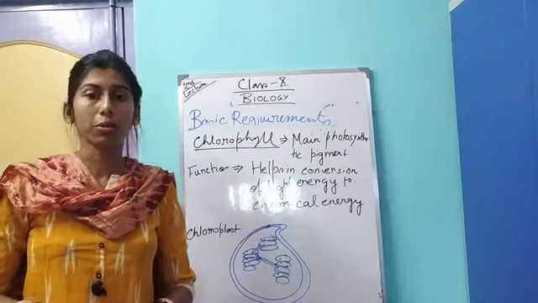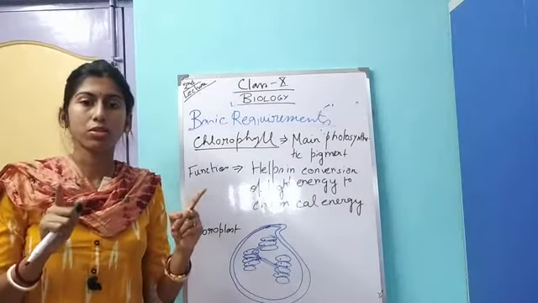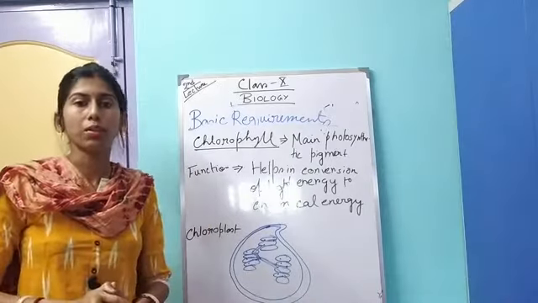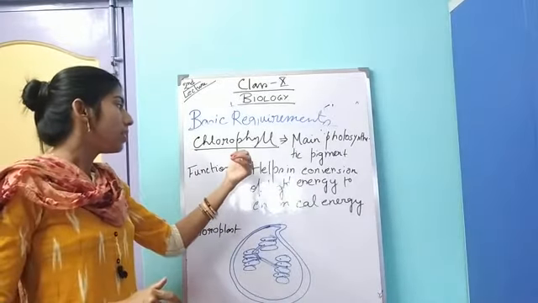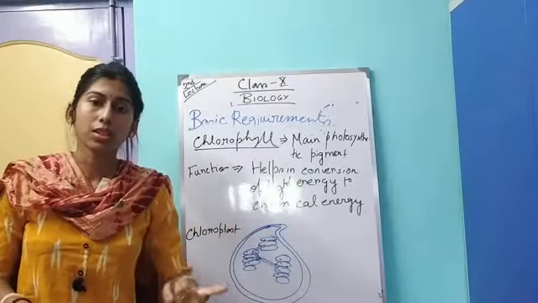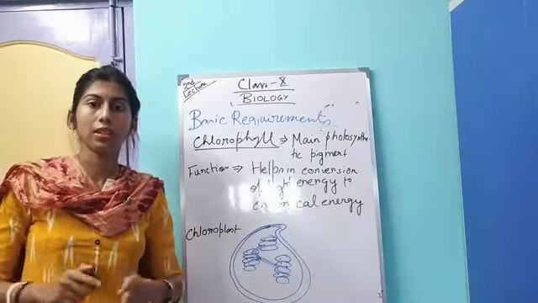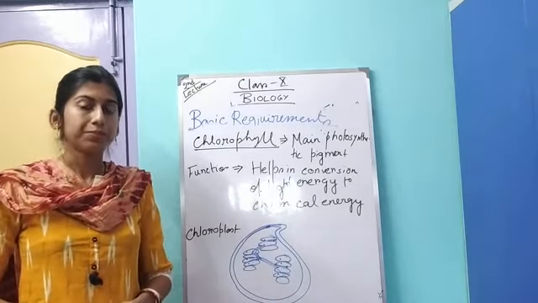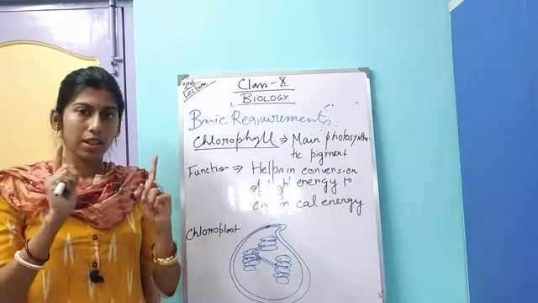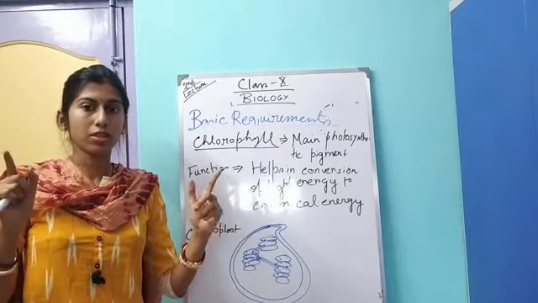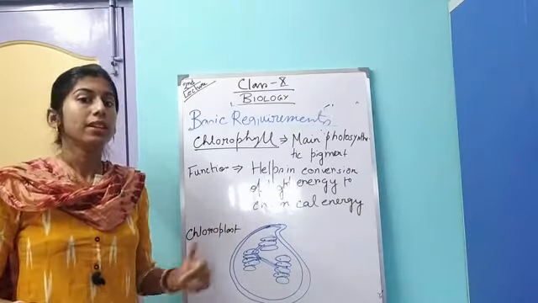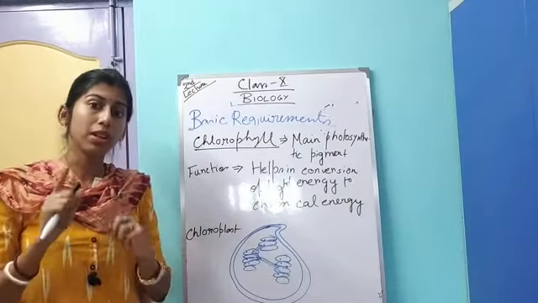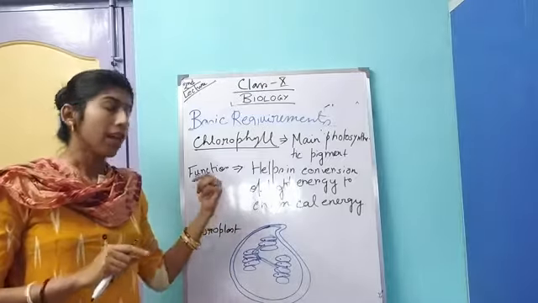energy of different wavelengths. If we consider the total wavelength of light, a region is present which is called the photosynthetically active region or photosynthetically active radiation. It is about 400 to 700 nm. Carotene and xanthophyll help to absorb the different wavelengths except that region.